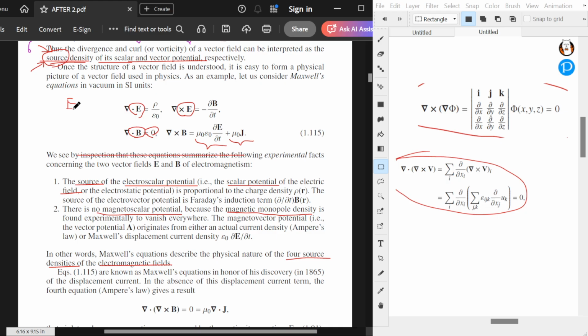So we have two vector fields here, and we saw that we can break them up into curls and divergences. We can describe them fully from the curl of it and the divergence of it.